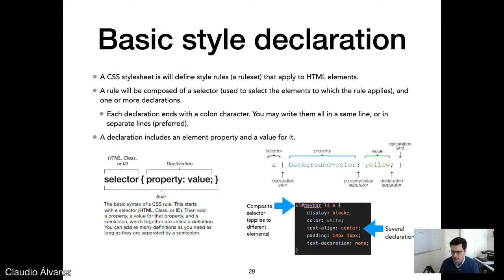And you see that the color of the text is white, the text should be centered, the padding should be 14 pixels, 16 pixels, that is, I think, if I remember correctly, 14 pixels left, 16 pixels top, or something like that. With no text decorations such as underline or bold. So, this is the way in which you specify rules for your style sheet.